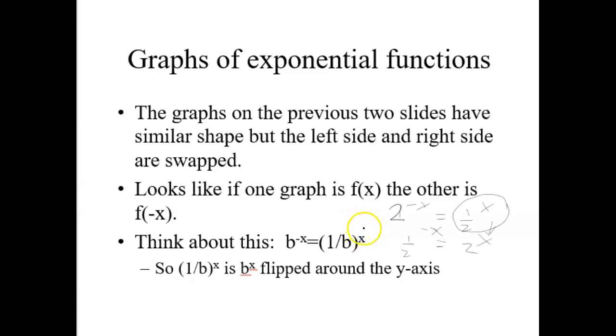You reflect over the y-axis, I think is the way we put it in class. So the decay and growth are related, definitely. Certainly if one base is b and the other base is 1 over b, you can write one as the other using negative exponents.